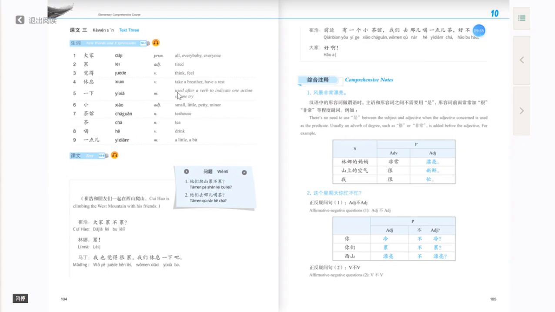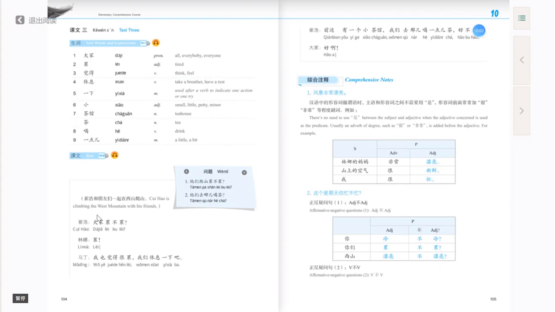And usually we use 一下 to modify an action. This action is just a little bit, not too much, won't last too long, just one try, okay? So now let's come into the content of text 3. It's also a conversation between Cui Hao, Lin Na, and Martin.